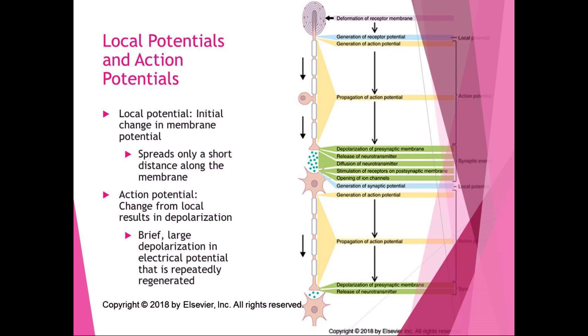If there are enough of those synaptic potentials, you can generate another action potential which propagates down the next neuron, which causes depolarization of presynaptic membranes, release of neurotransmitter, and it goes to the next neuron. So each time you reach a synaptic cleft, it's a chance either to amplify the signal or diminish the signal. Okay, keep that in mind.